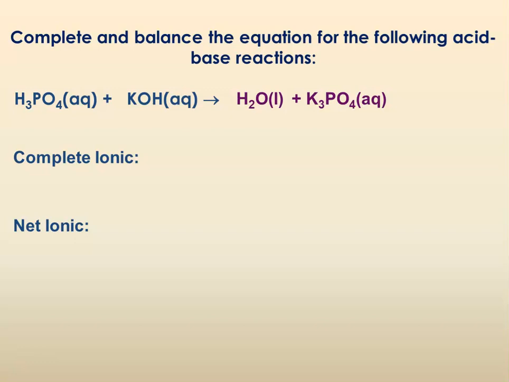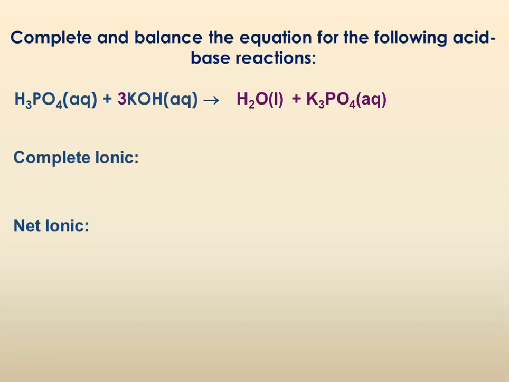I need to make sure my equation is balanced. I don't start with hydrogen because there's two sources of hydrogen on the reactant side, so I'm going to move on to phosphate, which is balanced, one on each side. Potassium, however, is not. I have one on the left and I have 3 on the right. And at this point, I have no choice but to deal with the hydrogens or the oxygens that remained.